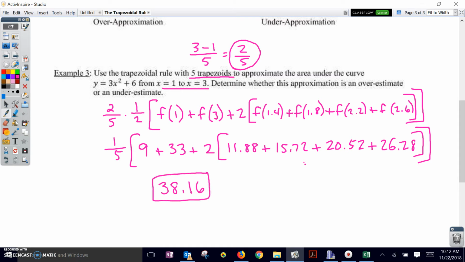Now, I want to know, is this an underestimate or an overestimate? In order to do that, I'm looking for the concavity of this function on that interval. So y prime here is equal to 6x. Y double prime is equal to 6, which means that this curve is concave up on the entire interval, since the second derivative is positive.